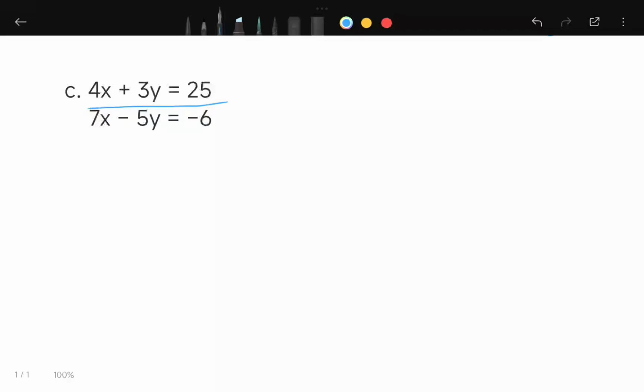Next problem: 4x plus 3y equals 25, 7x minus 5y equals minus 6. In the first equation it is 3y, in the second it is 5y.